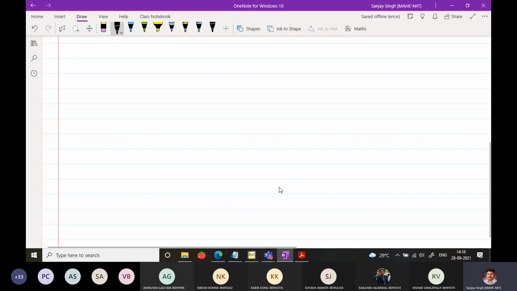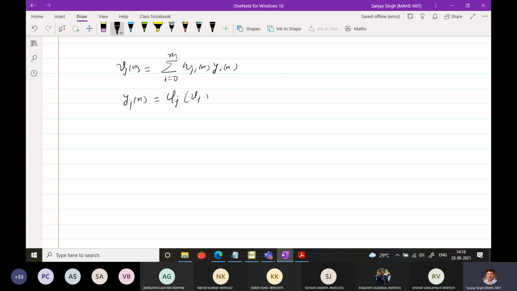Let me write these expressions so that they are handy for you. Vj(n) equals the summation over i equal to 0 to m of Wji(n) yi(n). Then yj(n) is nothing but phi j of Vj(n).